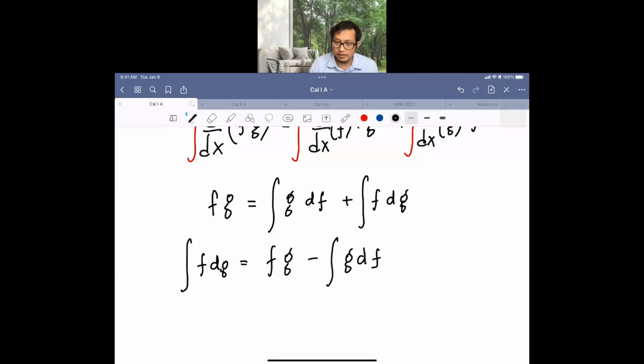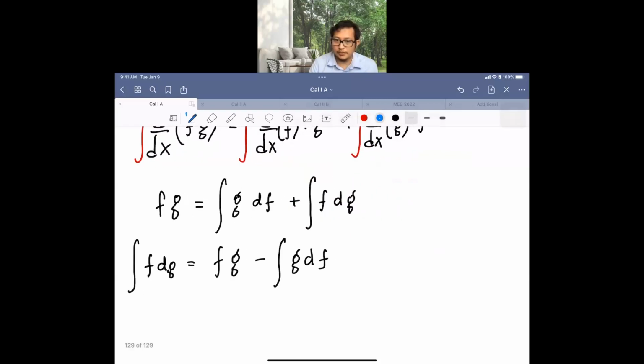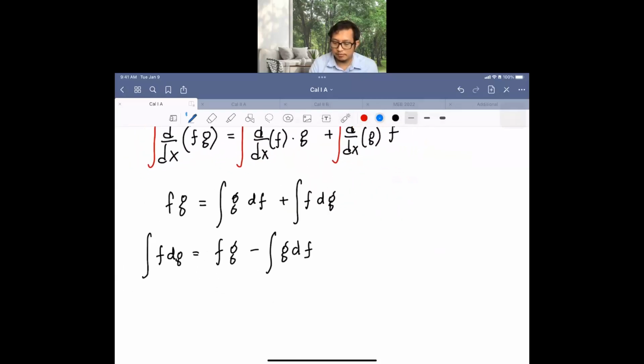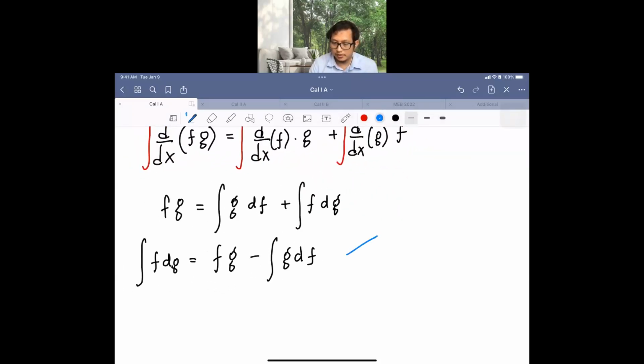Now let's say we have some substitutions, to make our calculations much more decent to be written. So let's say we have u as a function of x.